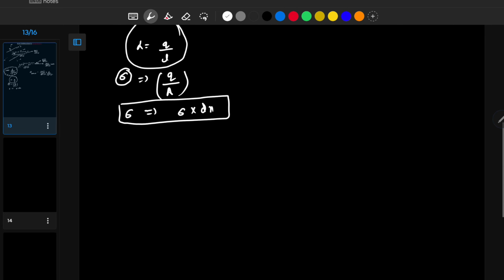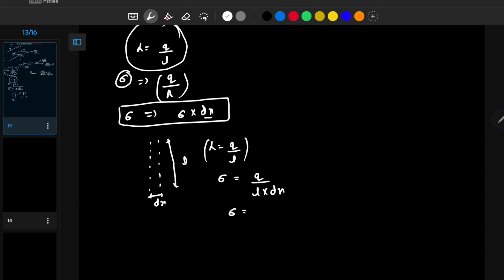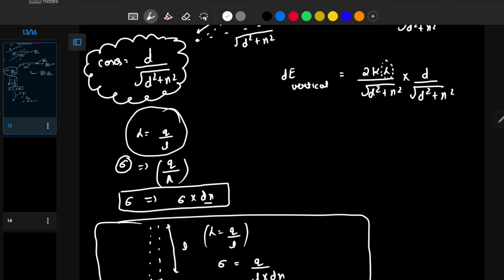This is the length of the wire. Lambda is charge per unit length, and dx is the thickness. So to make it lambda, I multiply sigma, which is Q over L times L, with dx. I hope that I made it clear.